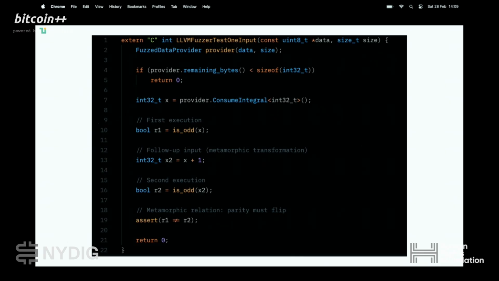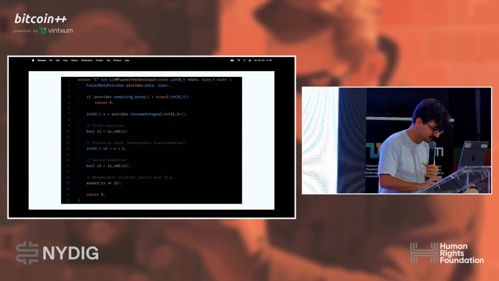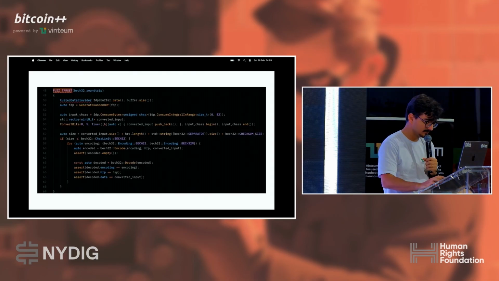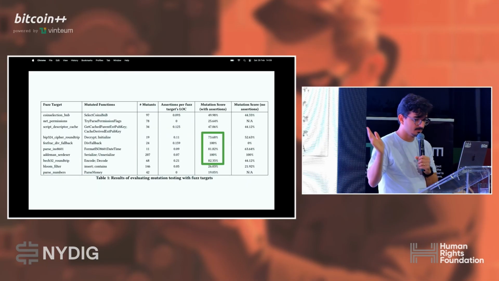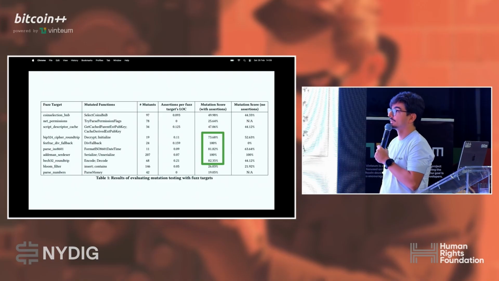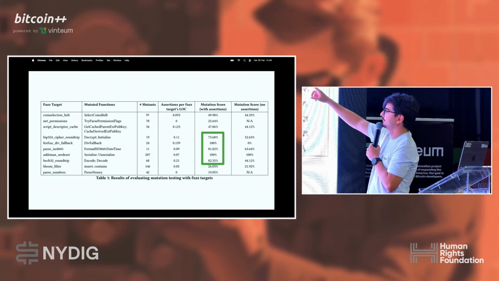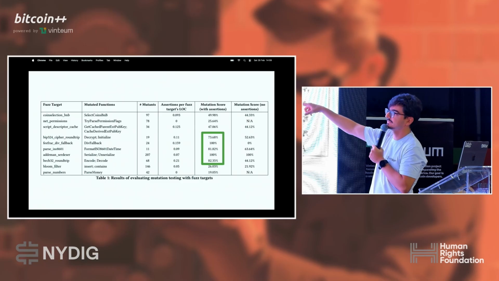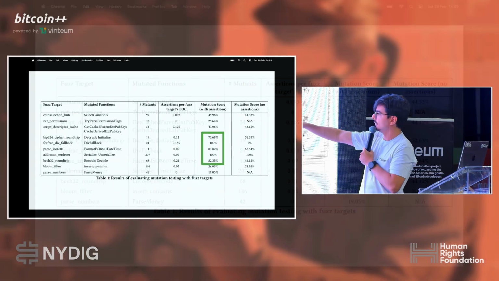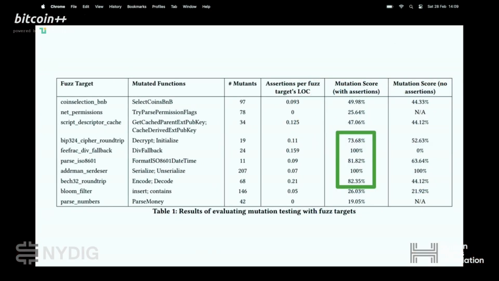Okay, so let me get back. The results were great. We have 2 targets reaching 100%, and we can see that this one is the base32 round trip. Round trip functions. We have this one that reached 100% because it's address manager, serialization and unserialization.